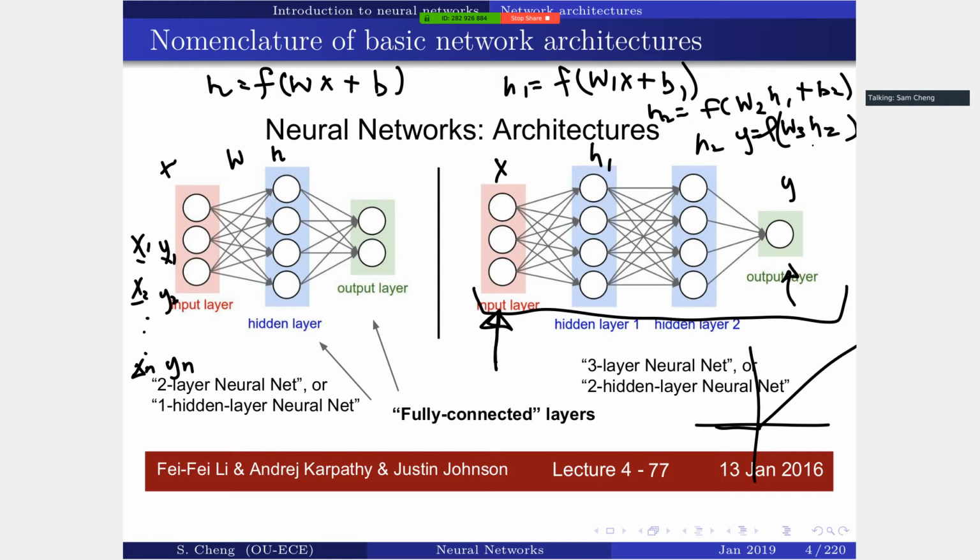Maybe I should add a bias here also, maybe add a B3 here. It doesn't matter. What are the model parameters? W1, W2, B1, B2, B3? Yes, all these model parameters.